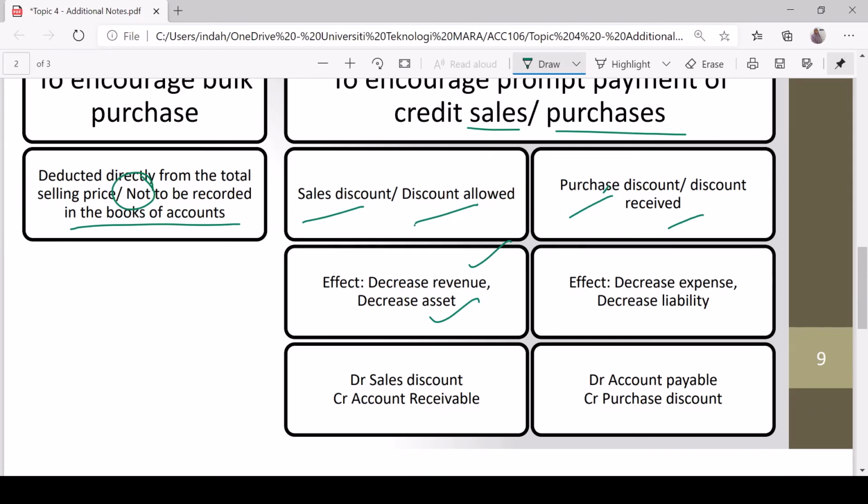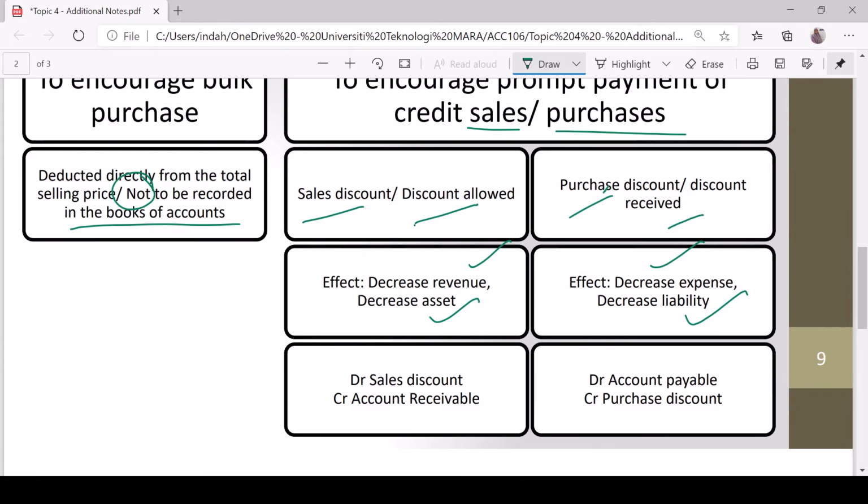Similarly, purchase discount will decrease your expense, and it will decrease your liability because you don't have to pay as much as the amount stated in your account payable when you made the purchase for the first time.